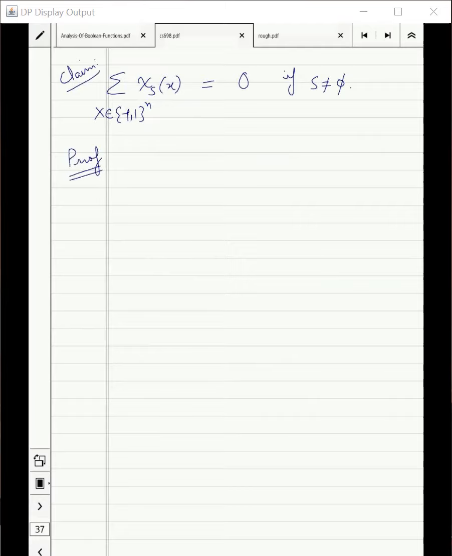We just divide all inputs into pairs. Let's say i is an element of S. Then how does my pair look? a1 to a(i-1), 1, a(i+1) to an, and the same with -1.